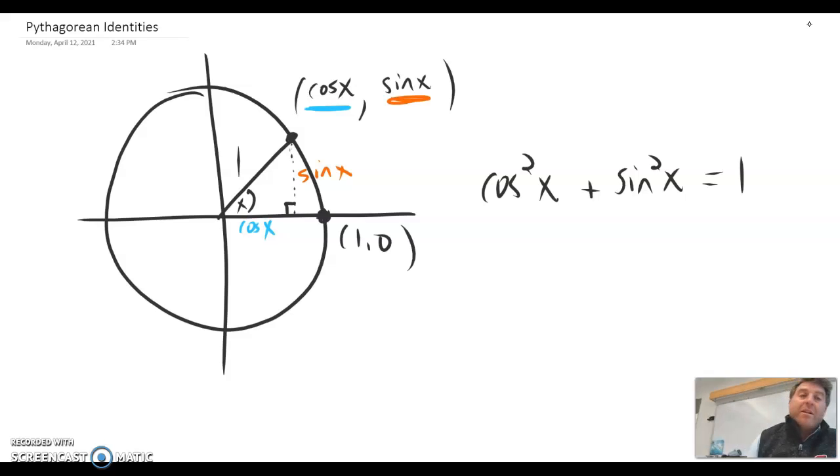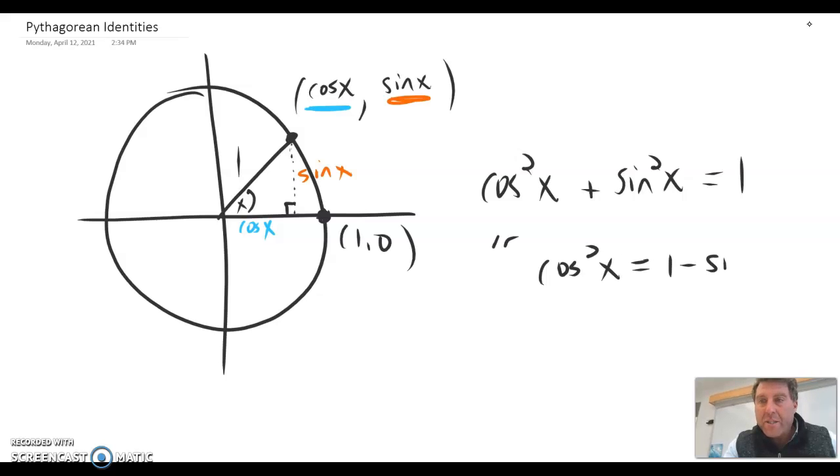Right? And that comes directly from this reference triangle within the unit circle, the cosine and sine definition, really, within the unit circle. Okay? Now we can write that if cosine squared plus sine squared equals 1, sometimes you can say, okay, if you subtract sine squared from both sides, that makes cosine squared equal to 1 minus sine squared. It's the same thing.